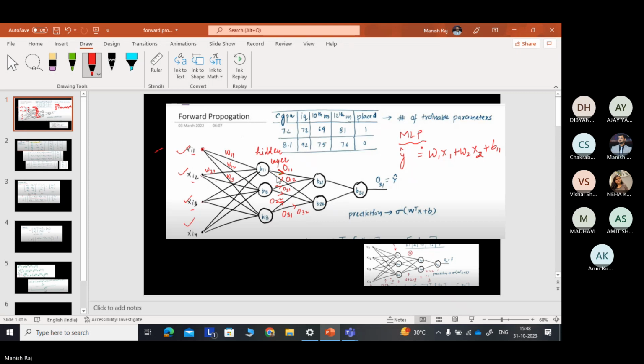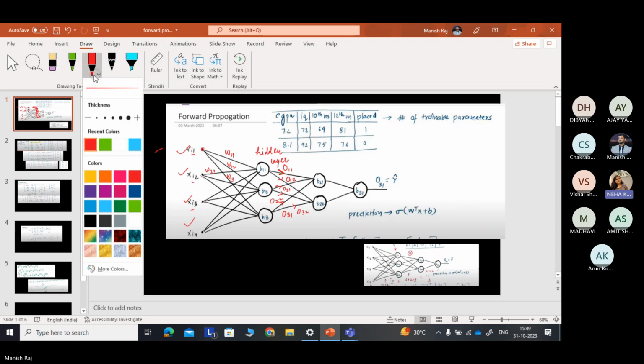Yes or no? Then why are we saying this is the hidden layer? Anyone can comment on this? Because you have read this somewhere, that's why. Does anyone have any old knowledge about why we are saying that is the hidden layer? Yes or no? Someone please speak. No idea.